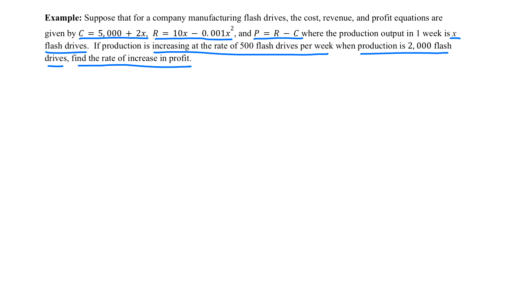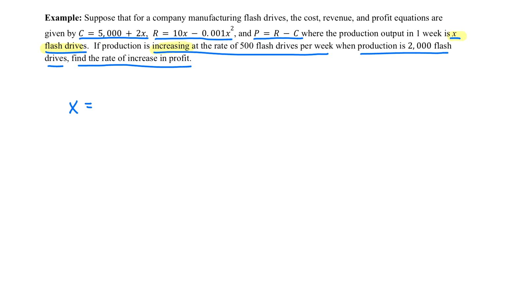So hopefully you had enough time to try this problem out. The thing I'm going to start with is the variables, and in this case we're talking about x flash drives. So here x represents the number of flash drives. It tells me in this case that the production is increasing at a rate of 500 flash drives per week, but that word increasing makes me think we're talking about a derivative.